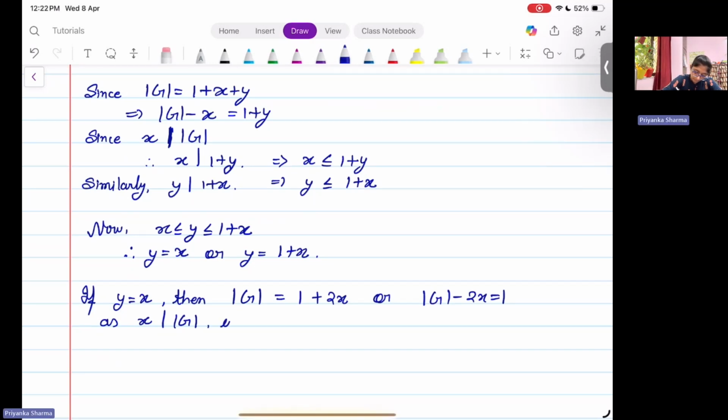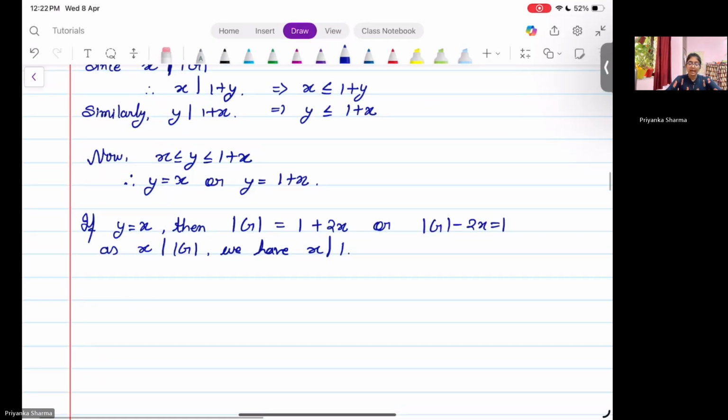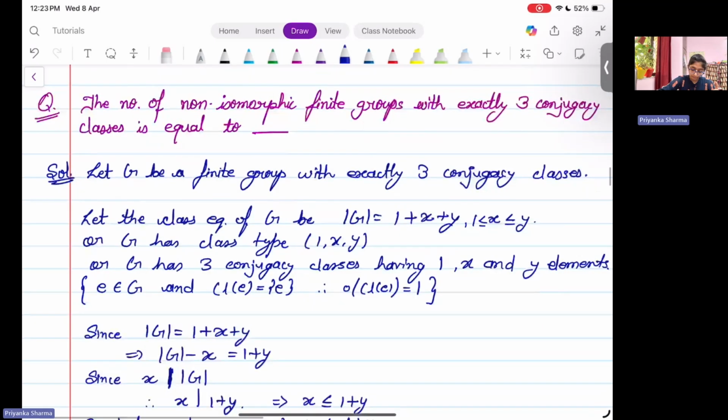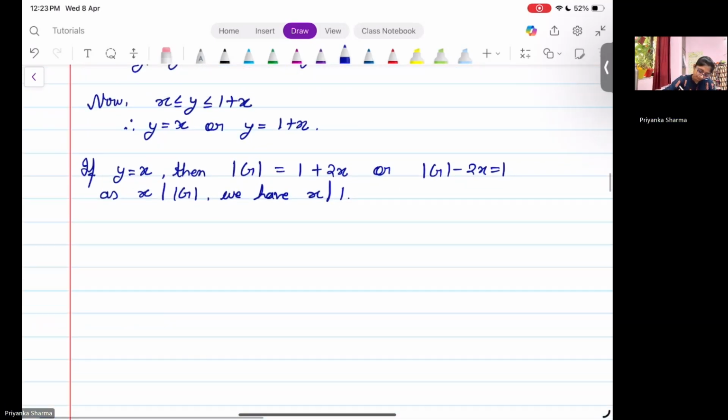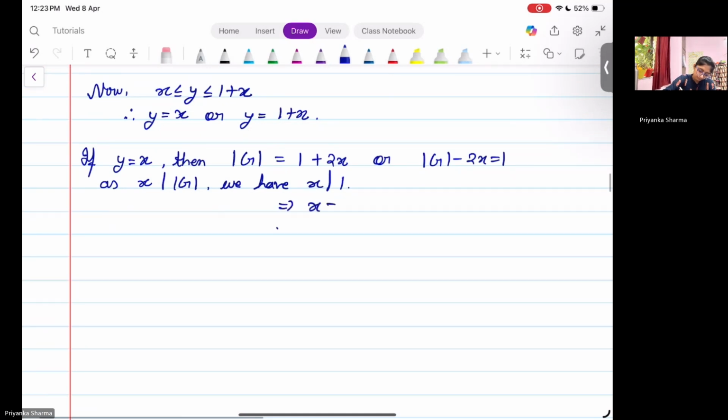Therefore, we get that x divides 1. And x is a natural number, greater than or equal to 1. Actually, this is the order of some conjugacy class. x can be 1. And if x is 1, then y will be 1 also, because x and y are the same.